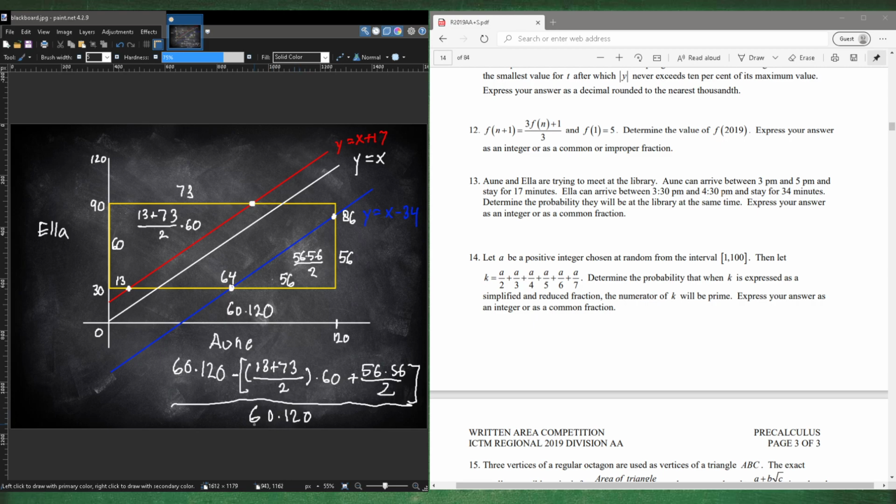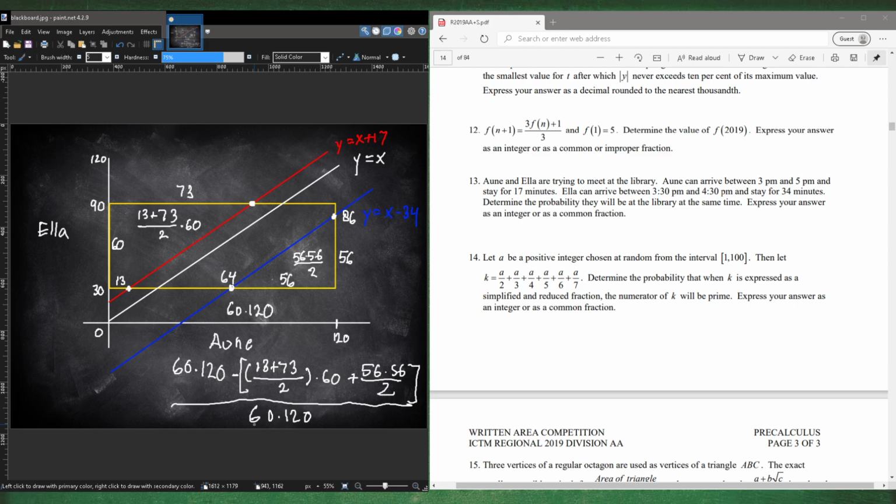So 13 plus 73 divided by 2 times 60, and then 56 times 56 divided by 2. Add those two together, and, oops, I wrote this wrong. And multiply by 60. Okay.